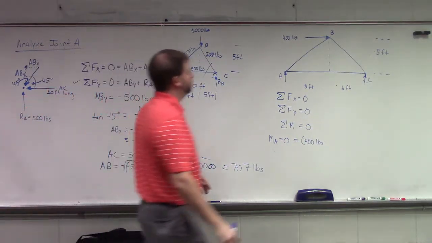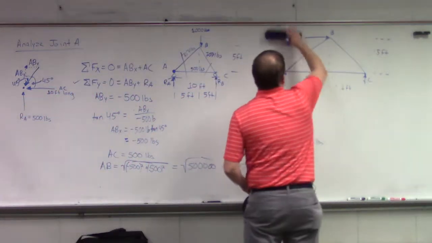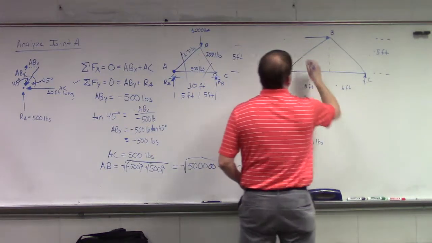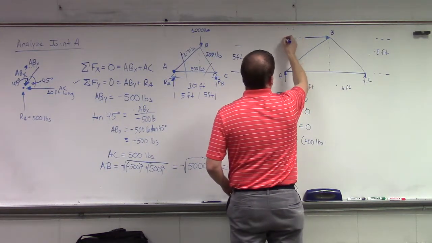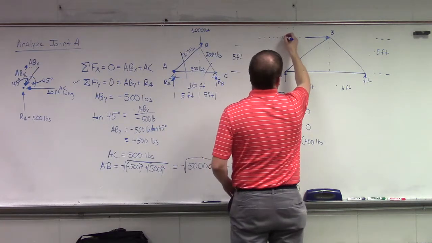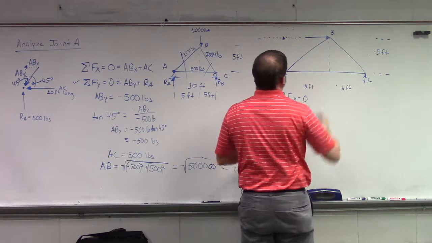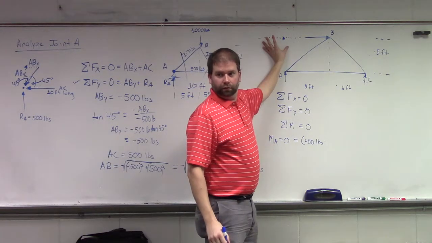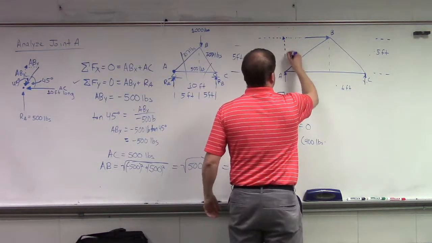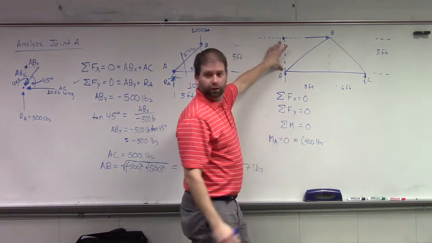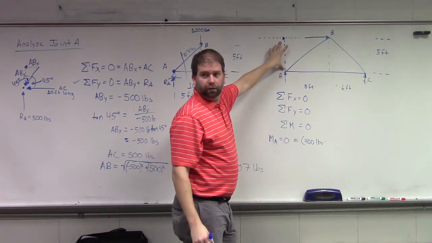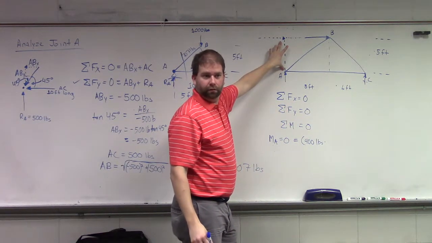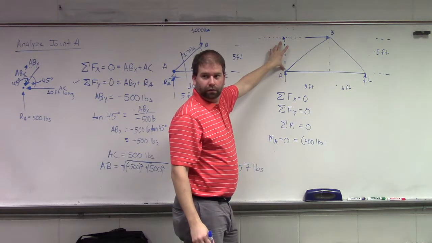Sure it does. It's 5 feet from A to B, 5 feet up on the y-axis. I can move my 400-pound force over here, can't I? Sure. We're not figuring from A to B right now. I understand that as well.